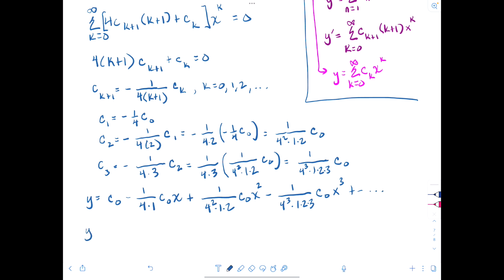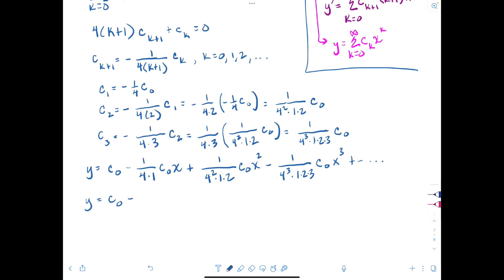So y is equal to c0, minus 1 over 4 to the 1 times 1 times c0 times x, plus, couldn't we write the 1 as 1 factorial?